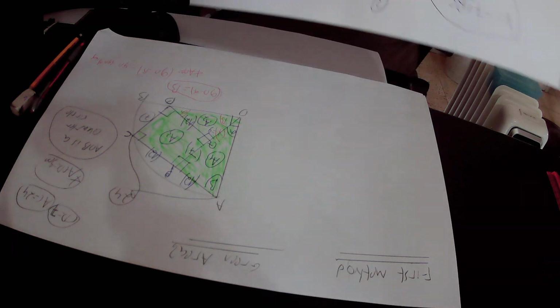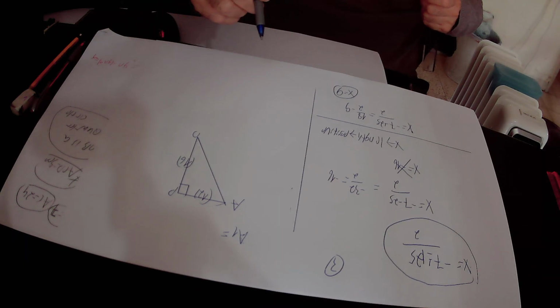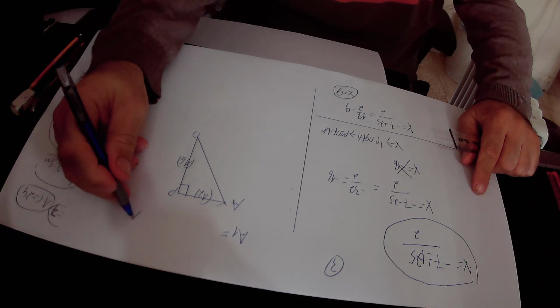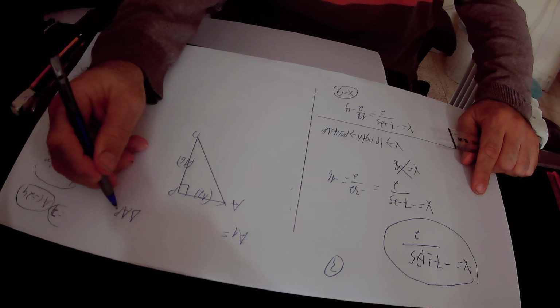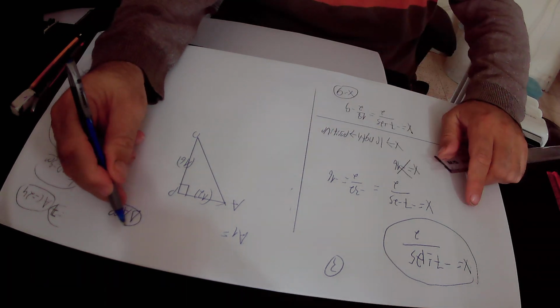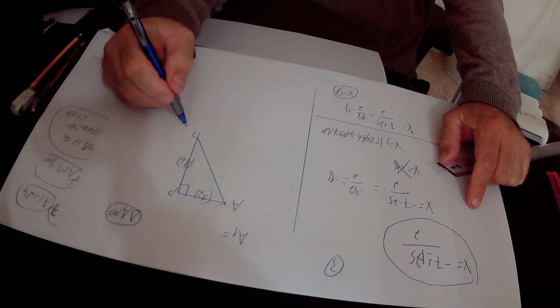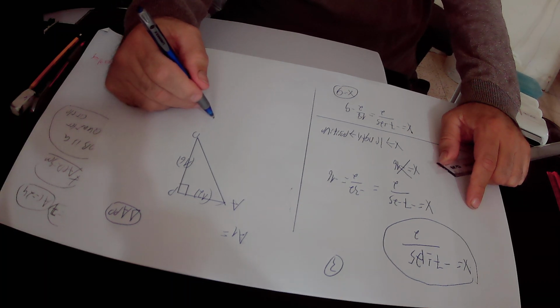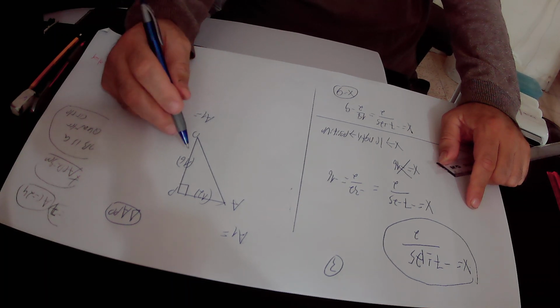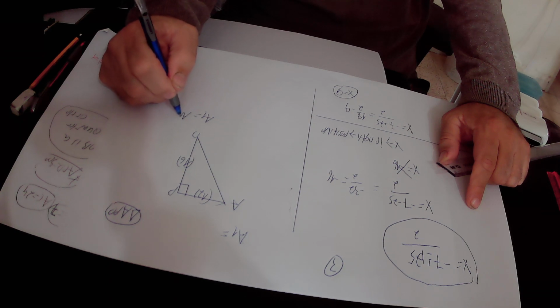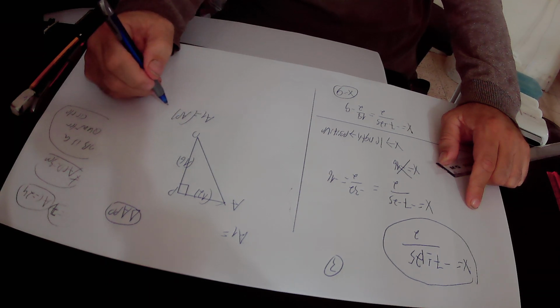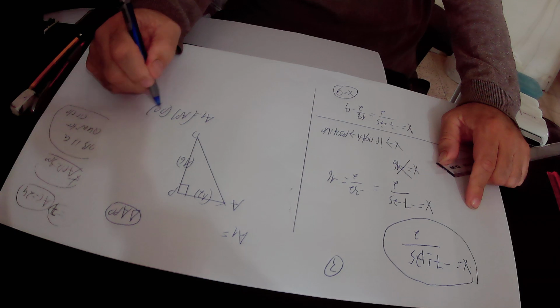So the area A1 is actually the area of the right triangle APO. The area of this triangle, A1, equals the base AP times the height PO over 2.